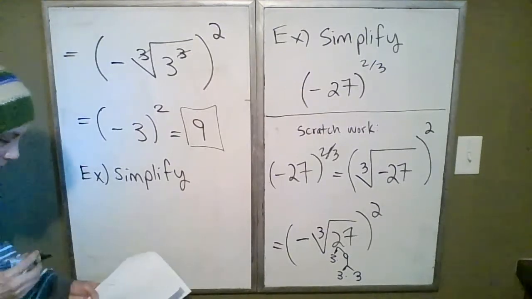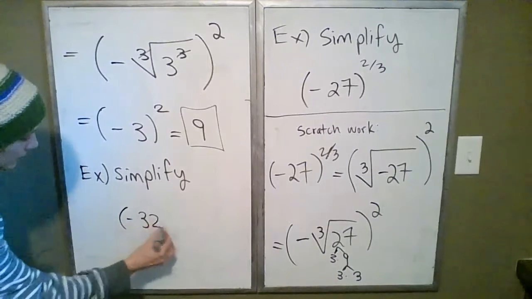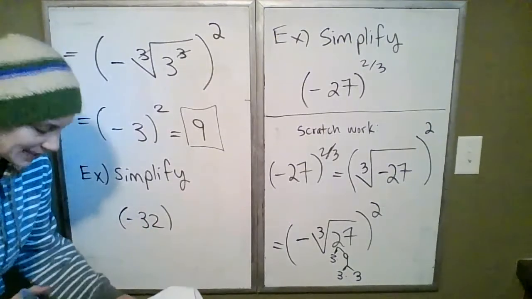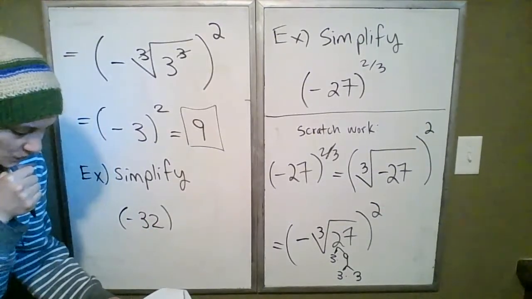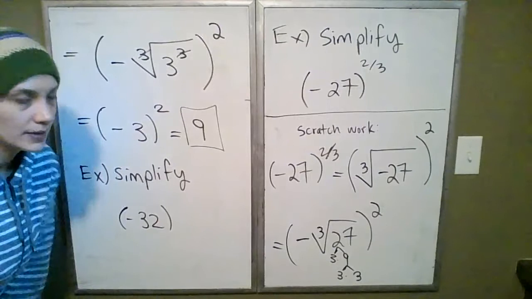We'll do negative 32. And the power will be 3/5.